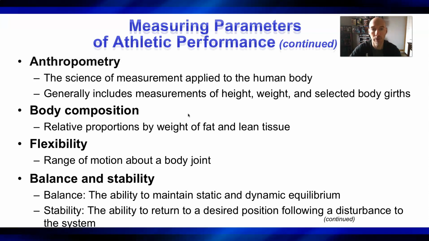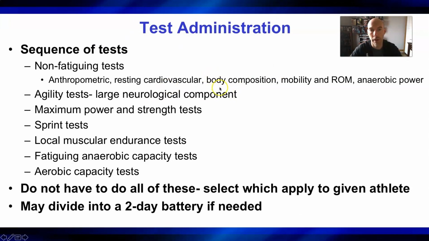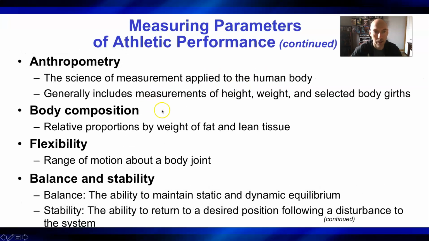So next we would go to body composition. So you're going to want to choose some form of body composition test. Skin fold testing is a pretty common one that will measure percent body fat, right? Height and weight doesn't really tell you necessarily much with an athlete because they might be very muscular and their weight is very high, but that body mass is all muscle, right?